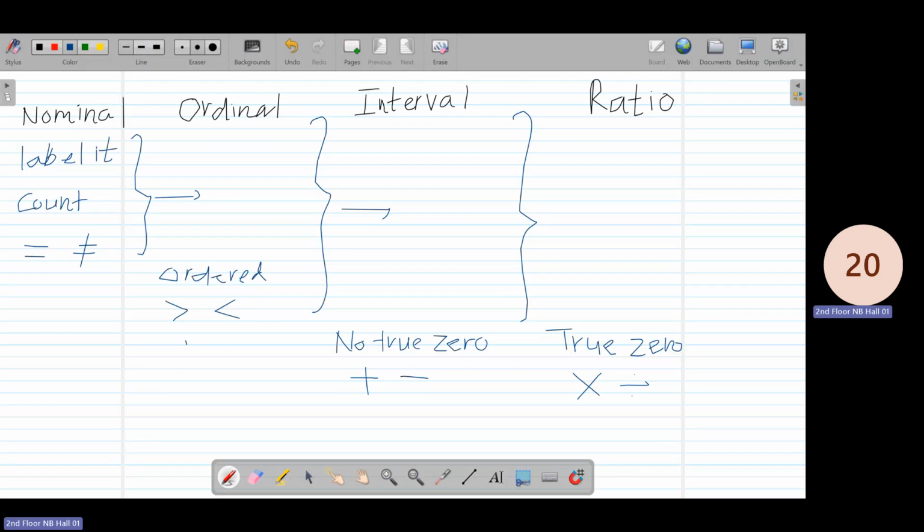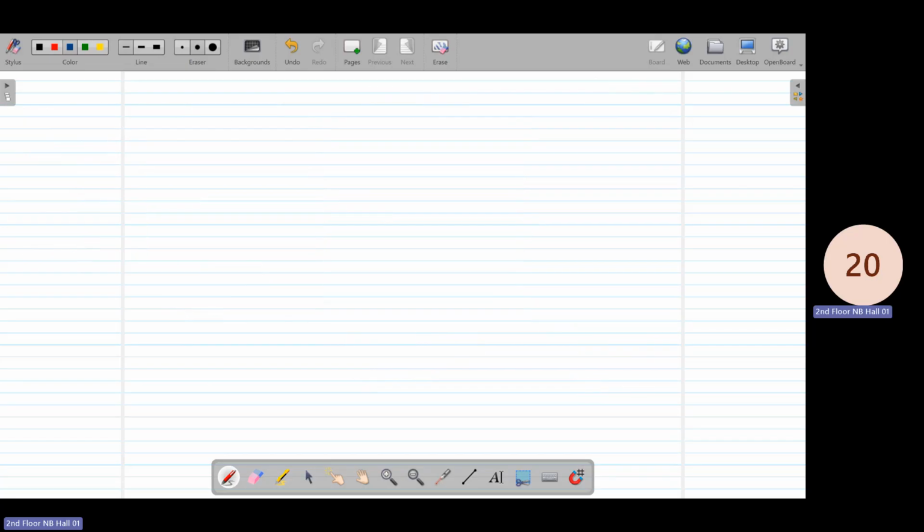Then tell me, we take the example of income level. Sorry, age. In our data set, one variable is there, age. Normally we can collect the data from a questionnaire or any source.